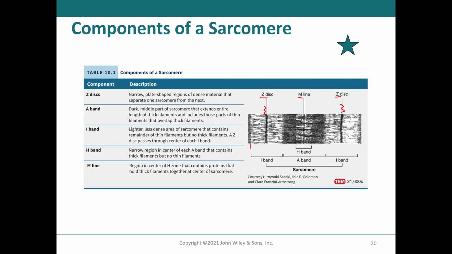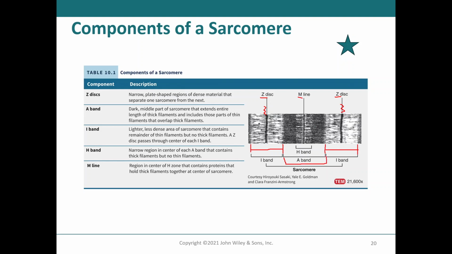The I band is going to be the one that contains only thin filaments on the ends. So we have two I bands here that we can see, at the end of each sarcomere. And then we're going to have the A band.